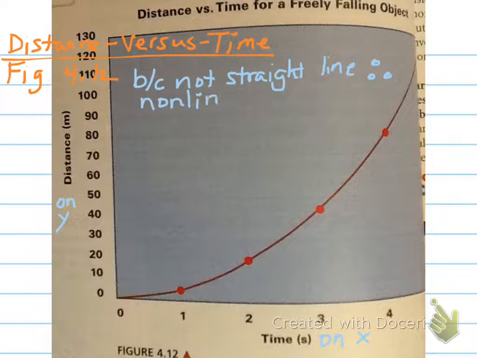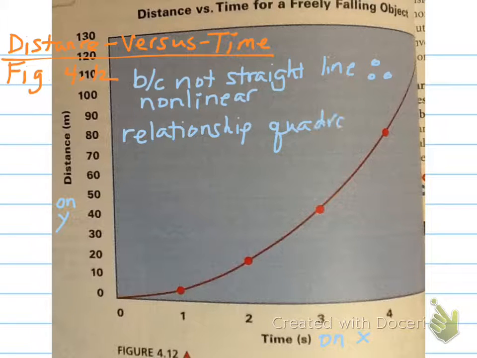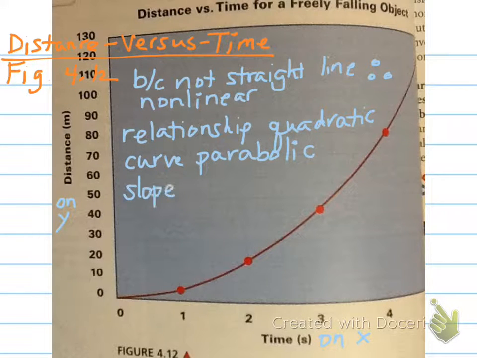This relationship in particular is quadratic. The curve is a parabolic or a parabola, and the slope changes. It's not constant. Okay, and that's really all we're going to talk about with this.